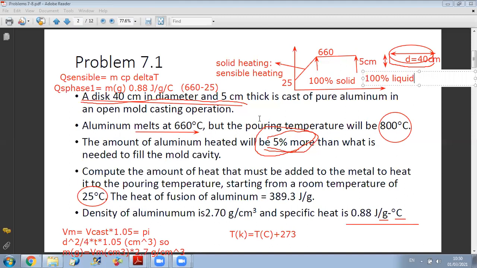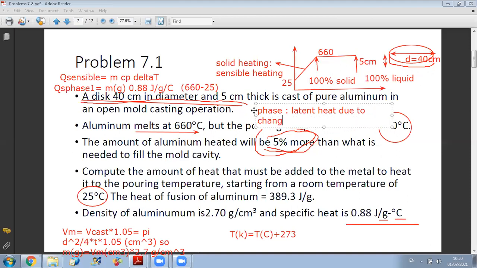So in phase two, I have latent heat due to change in phase.